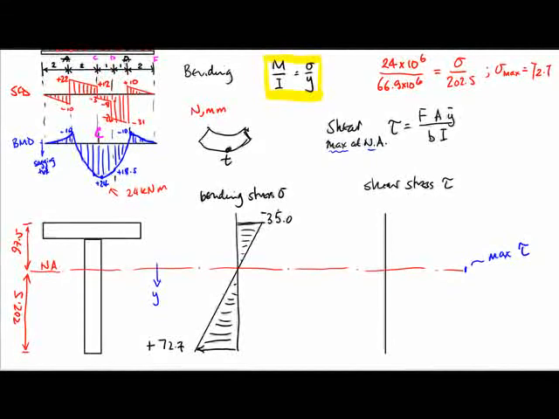Now, to find the shear stress, we go to our beam and we make a cut in the beam. And since I want the shear stress at the neutral axis level, I make a fictitious cut in the beam at the neutral axis level. So how much distance I cut through in the material, that is my b value, it's the length of the cut. Having made that cut, I have now got two areas that I've isolated.